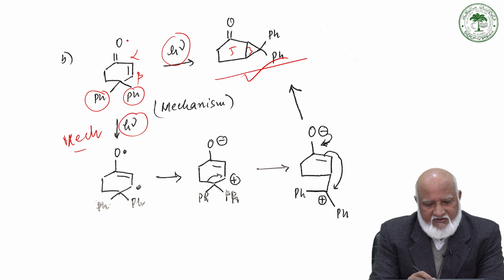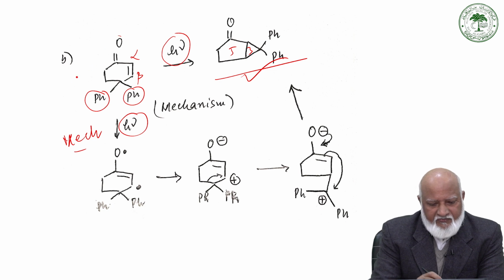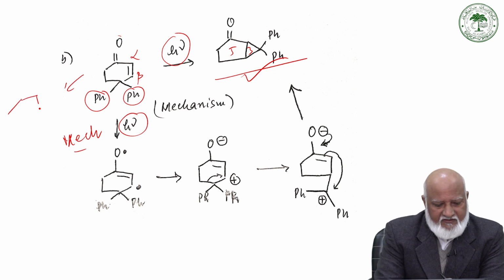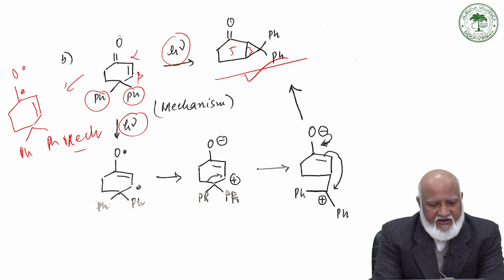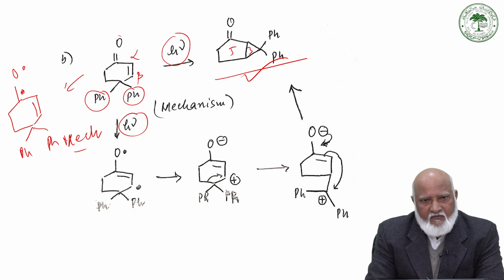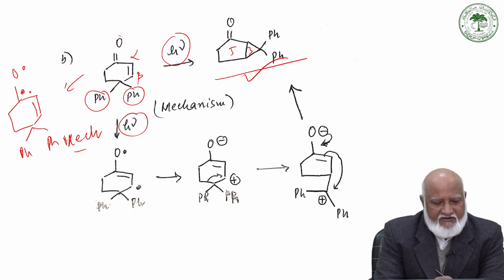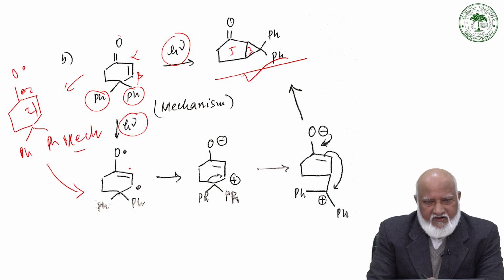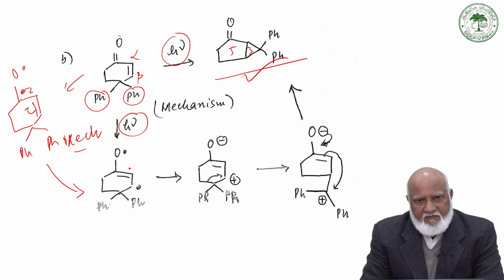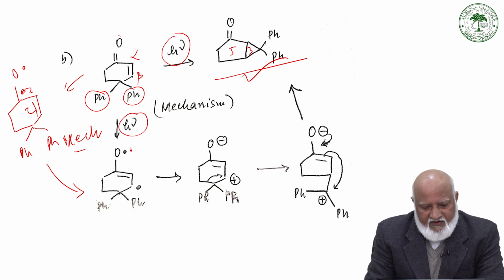First step is excitation of the carbonyl, which gets excited giving rise to a diradical species. Since there is a double bond, and whenever we have a radical adjacent to a double bond, or a cation or an anion, it delocalizes, we can write a delocalized structure as shown over here. So the first step is excitation of the carbonyl, pi to pi star, and delocalization, giving rise to a 1,4 diradical.